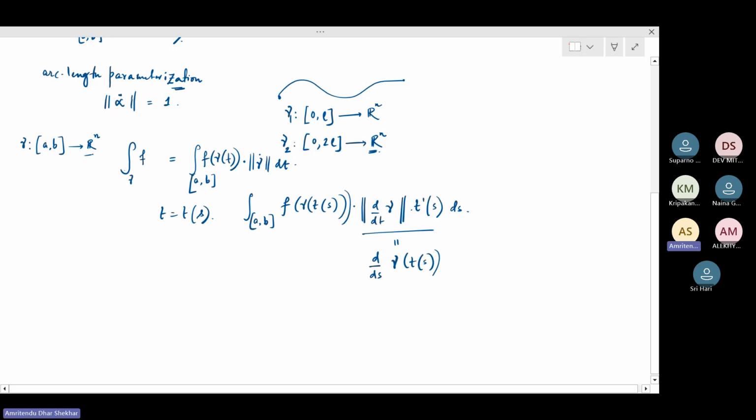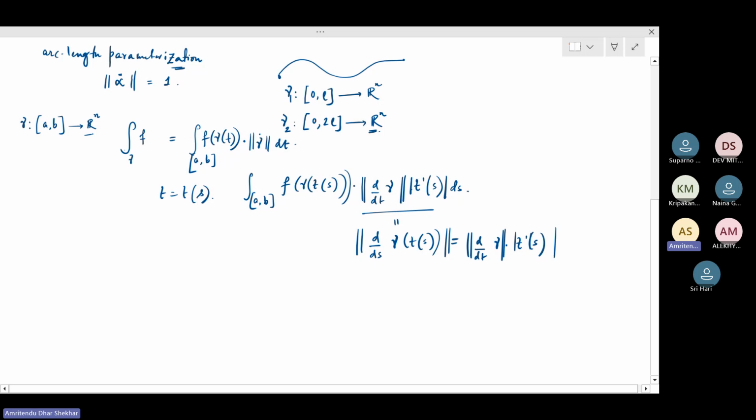So what is this quantity? If you evaluate this, this is equal to d upon dt of gamma times t dash s. So you were supposed to put a norm of t dash s over here. And so indeed you get that this quantity is basically this.